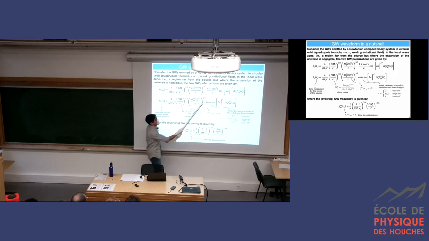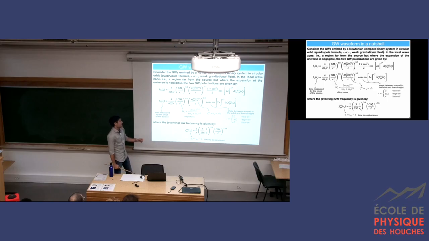Then you have the phase. You can express it, again, as a function of the frequency of the gravitational waves, which you can integrate to get an expression. The important point here is that the gravitational wave frequency evolves in time, because as the binary system emits gravitational waves, it shrinks, and therefore the frequency of the emitted gravitational wave increases.